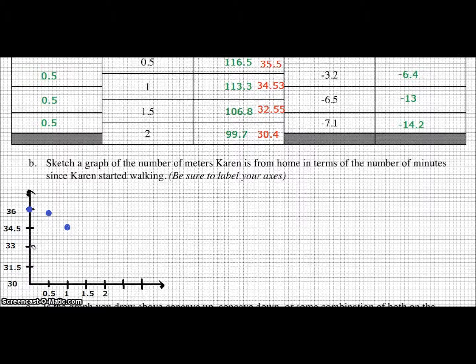I'm not taking away 2 whole squares, I'm not taking away just one, but maybe somewhere around here. Then the last point, 30.4, is pretty close to the bottom here. So we should have a graph that looks kind of like this.